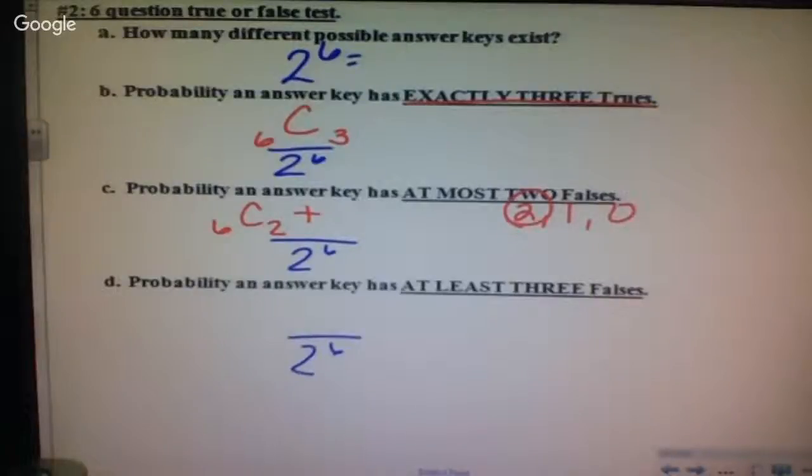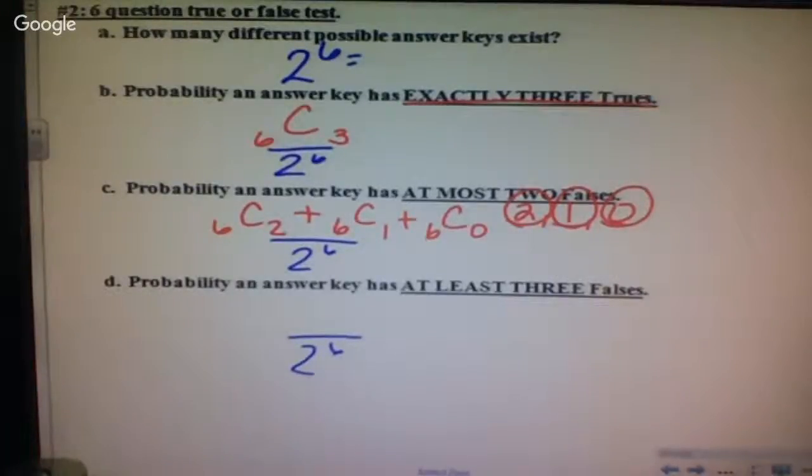Or I have 6 and I want 1. Or I have 6 and I want 0. So when is it going to be when the zeros are involved? Like when it says at most. If it's at most, it means the most we can get is 2.